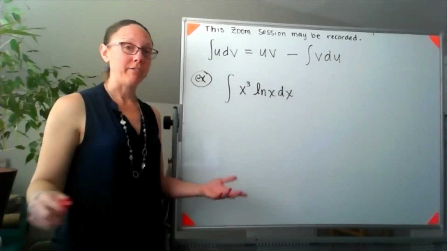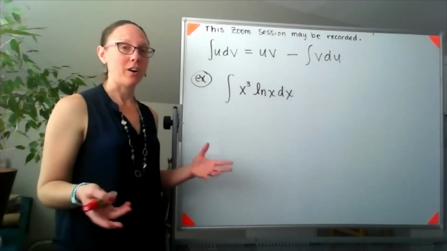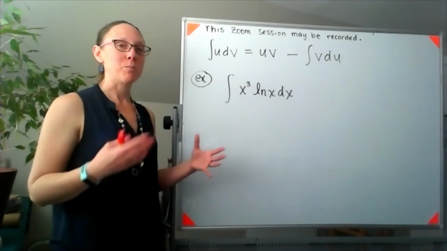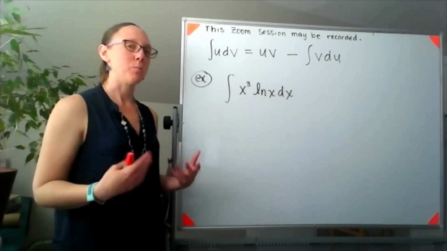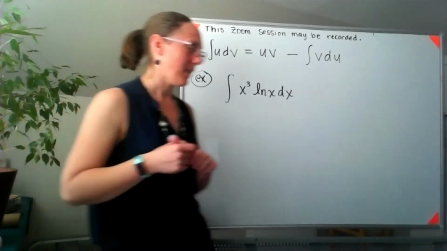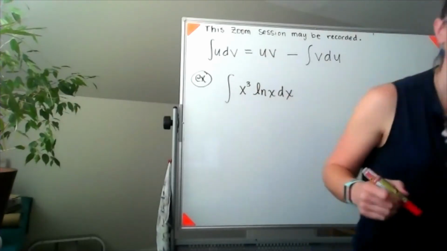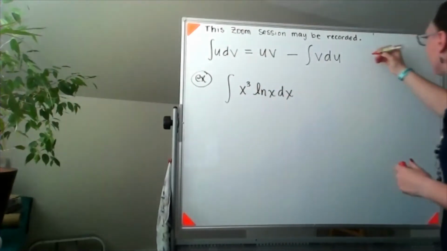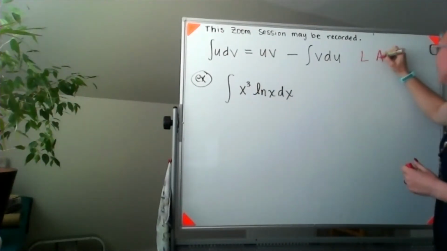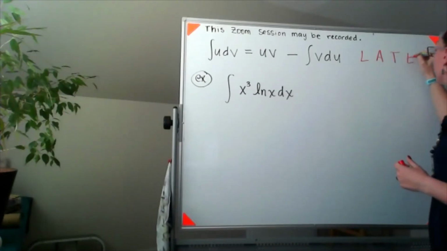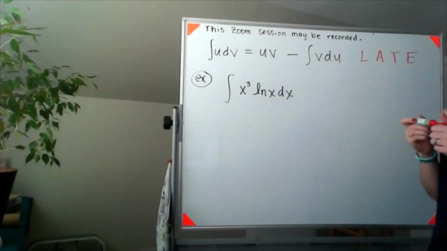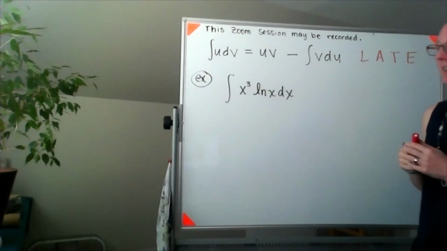Dr. Dedell gave a great handy tip for trying to decide which part we're going to let equal u and which part we're going to make dv. So to recap that, the acronym we're going to use is LATE.